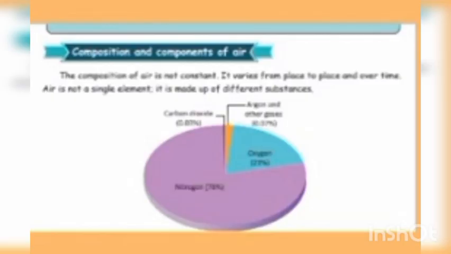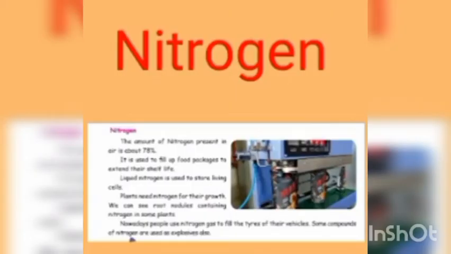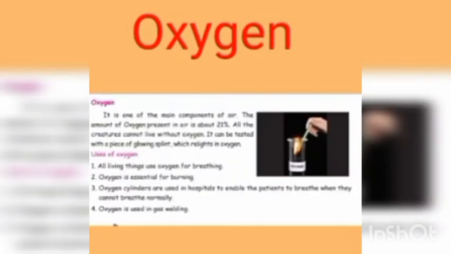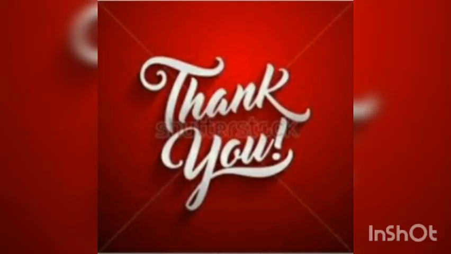Do you know, children, a grown up tree takes in one third of the carbon dioxide exhaled by one person and gives out the same amount of oxygen required by a person. Hence, 3 trees are needed to fulfill the required oxygen for a man to survive. So, we plant a tree to get oxygen.